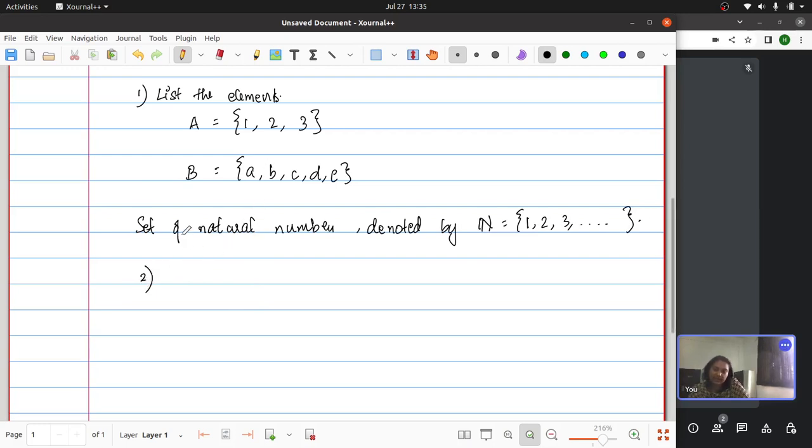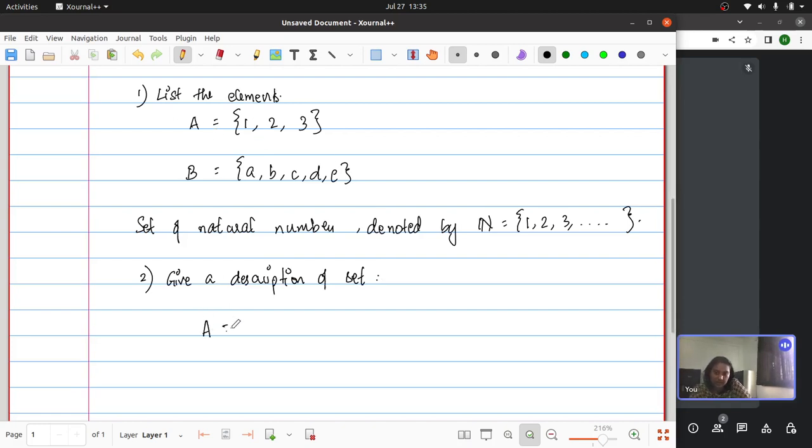So this is the first way of denoting a set. The second way is you actually give a description of the set. Suppose I want to write the set A that I have written here.